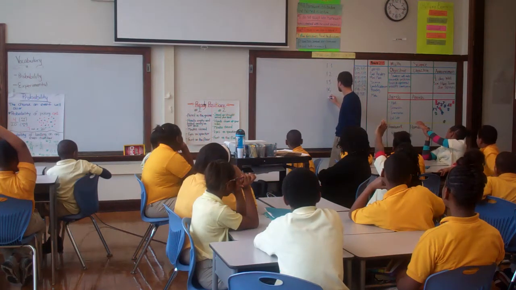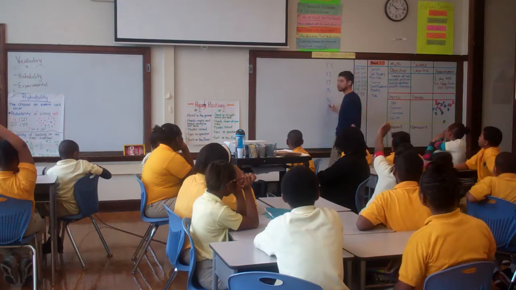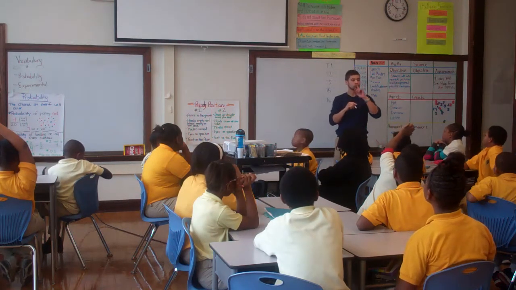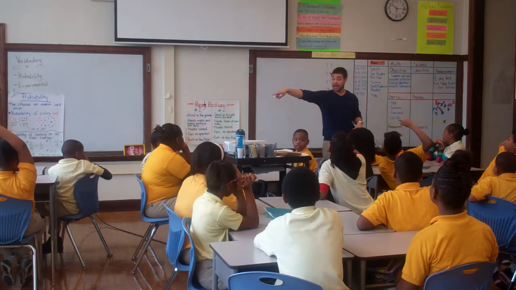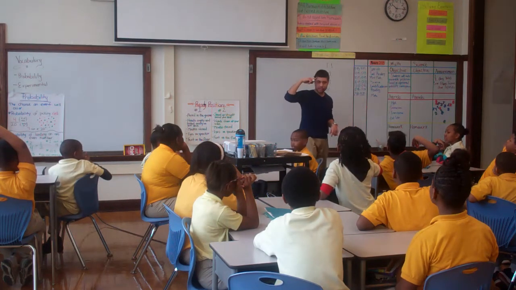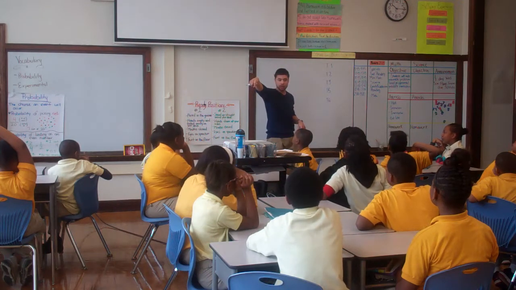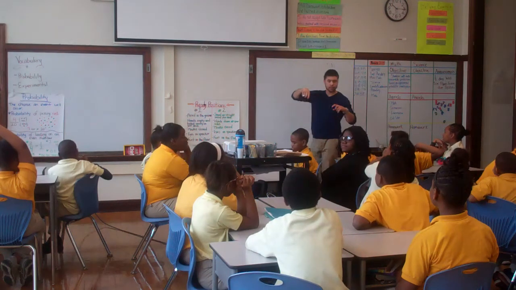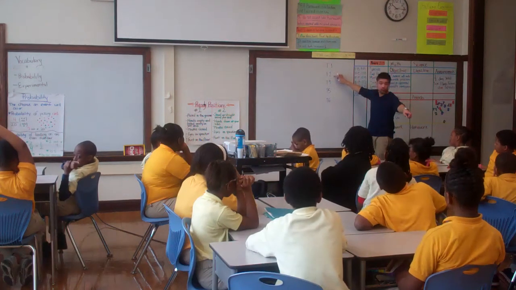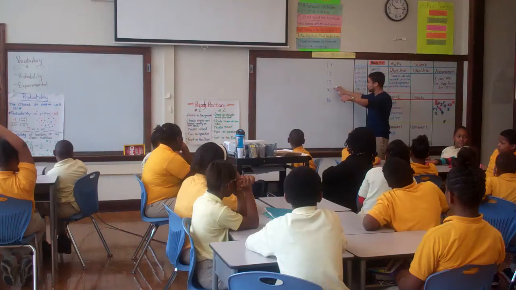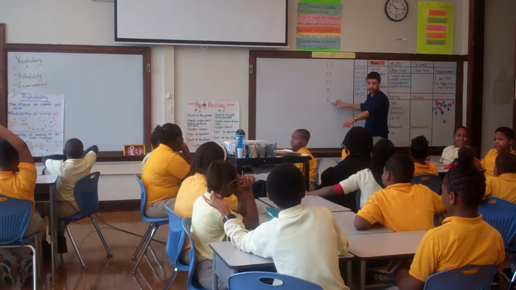You skipped 4. 3, 5, 6. Remember in math class, we got that table over there. That's 4. So we're just gonna keep it consistent. Table 1, table 2, table 3, table 5, table 6.